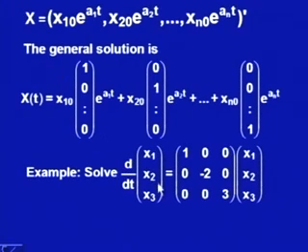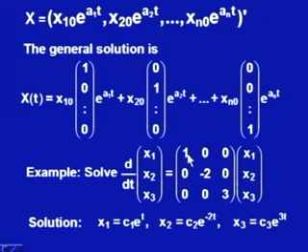We illustrate this with an example. I have given a 3 by 3 system, d/dt of x1, x2, x3 is equal to this diagonal matrix multiplied by the column vector x1, x2, x3. So, let us solve this system.